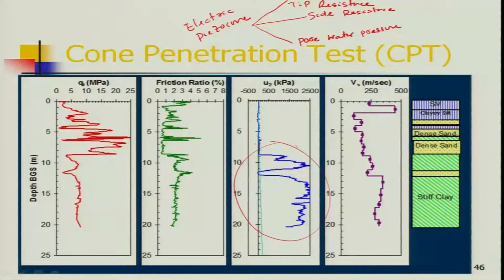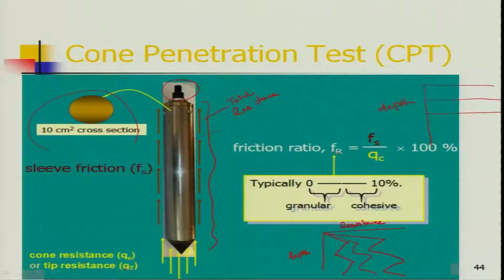Now the cone penetration test has been changed to the electric piezo cone, and there is a pore water pressure transducer put here, so that you can get the change in pore water pressure in your soil.